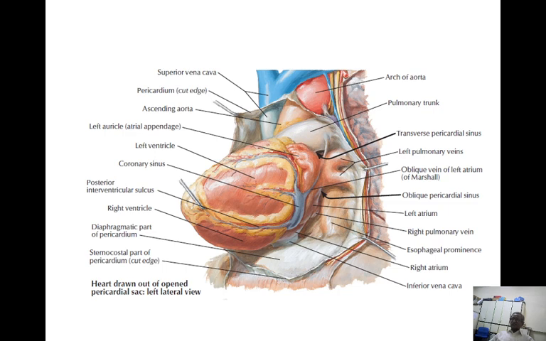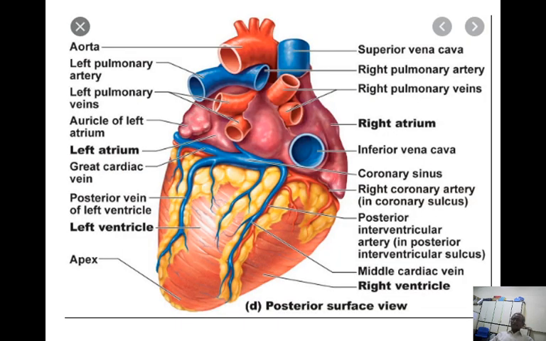Left atrium, left circumflex. This is more clear. Left atrium, great cardiac vein, and the circumflex branch of the left coronary artery.